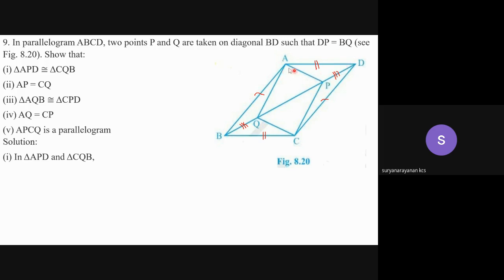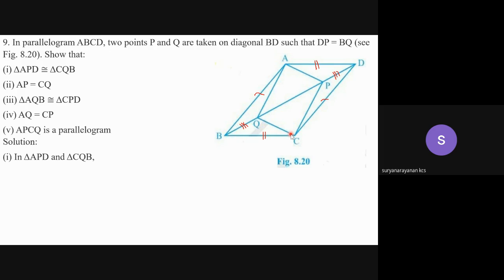APD. Upper right side corner. Triangle CQB. CQB. Downside. Have you observed these two triangles? Yes, sir.